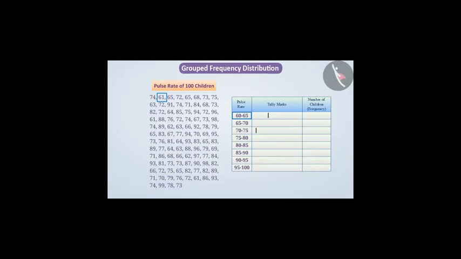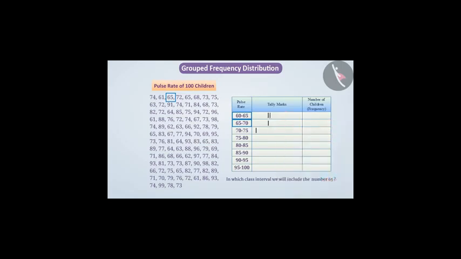The third number is 65. Can you tell in which group we will include it? Think. Here we see that the number 65 can be included in these two groups, 60 to 65 and 65 to 70.